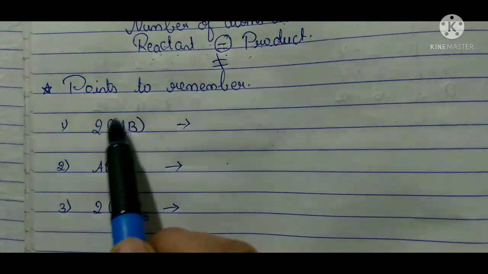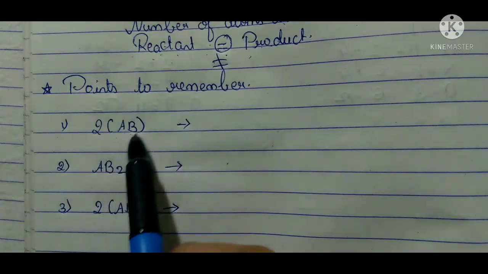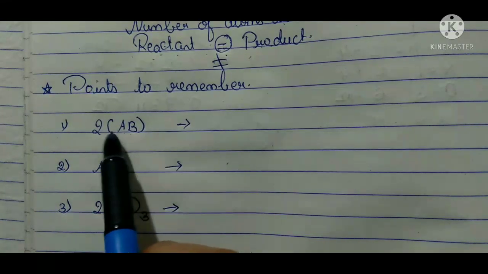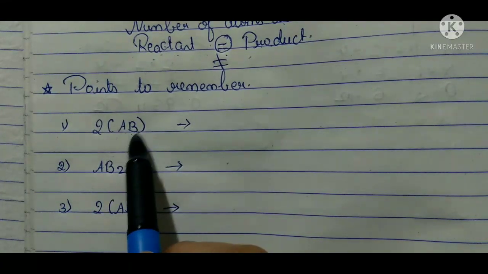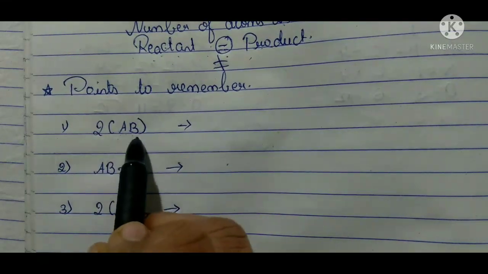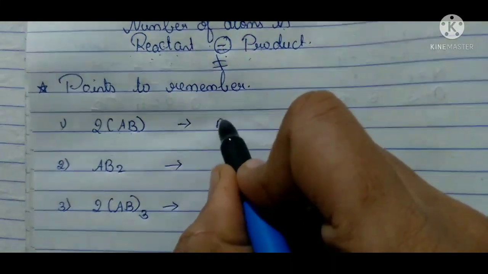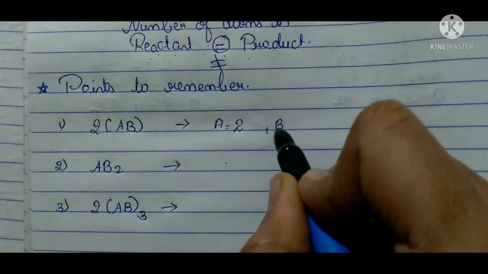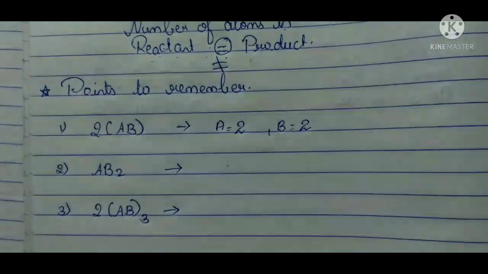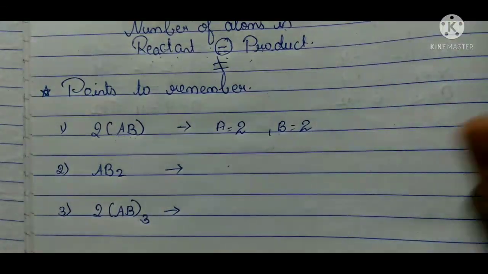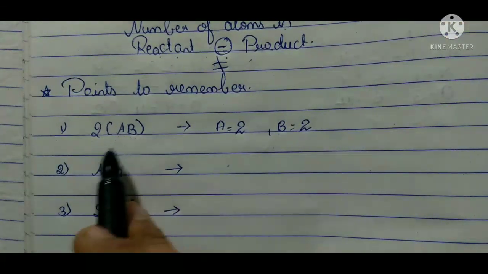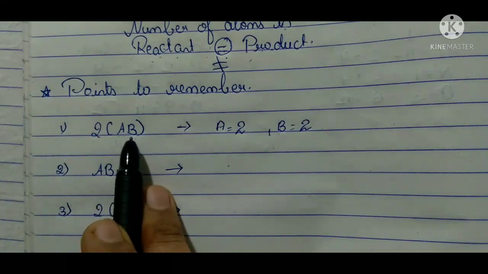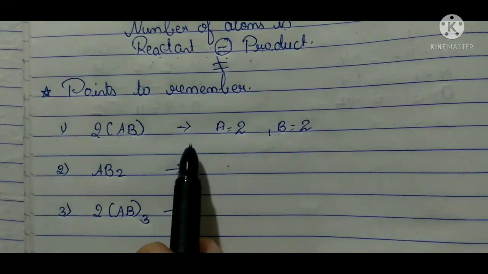Like now I have 2(AB), it means how many A are present? 2. How many B? 2. So if any number is given outside the bracket, that number is for all the elements present inside the bracket.